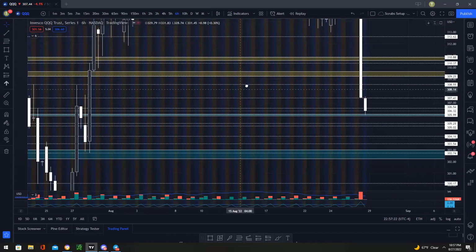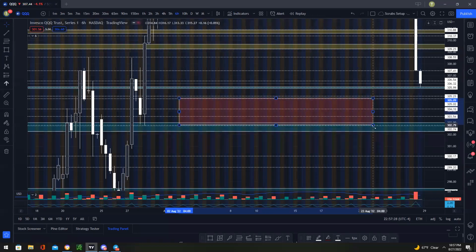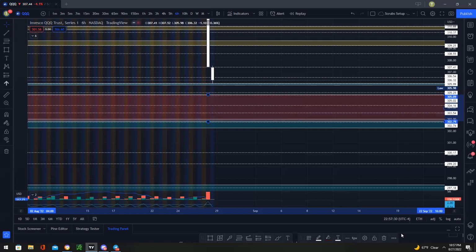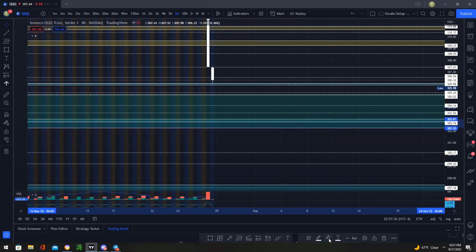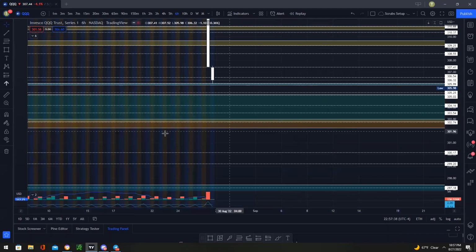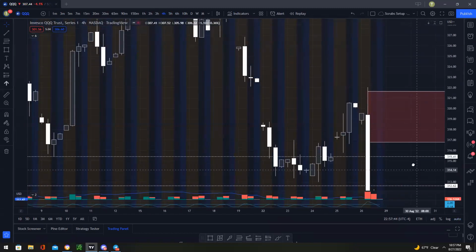Yeah, it's pretty much the exact same mirror, 6 hour as well. And now we have our overhead and our lower areas of resistance and support. So let me make this a different color, just since I don't want them overlap. But anyway, so on the 4 hour, so now we have same exact thing.